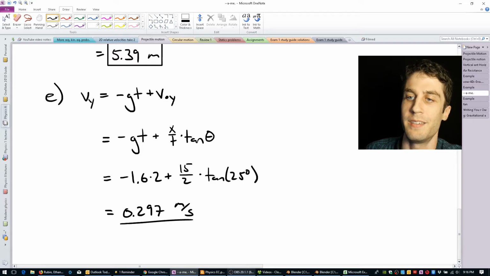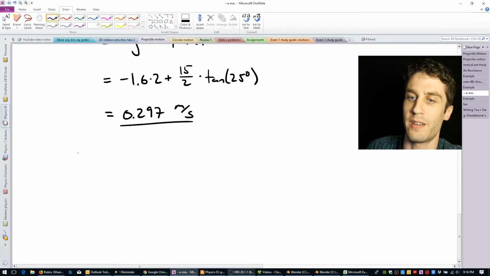Okay, again, not a result. That's only the y component of the final velocity. The total final velocity, v, no subscripts on this one, it's just the final velocity, so it's not v naught, it's not vy, not vx.